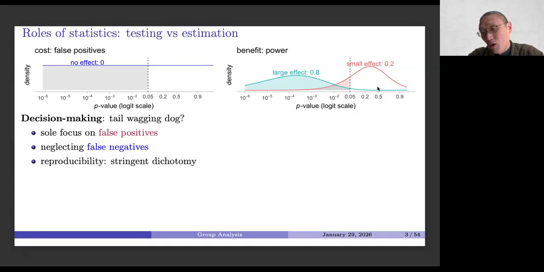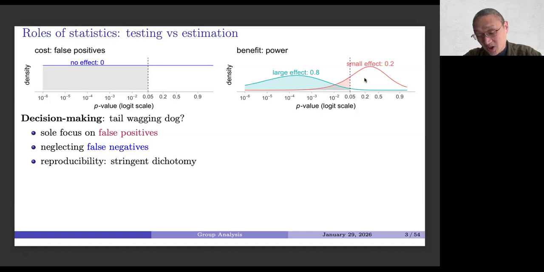But if the effect is small, we're going to lose a big chunk of the opportunity to detect. That creates another problem. If you look at the red one, on the left tail, we would have a small chance to survive, but that surviving part is only if the effect is big enough.